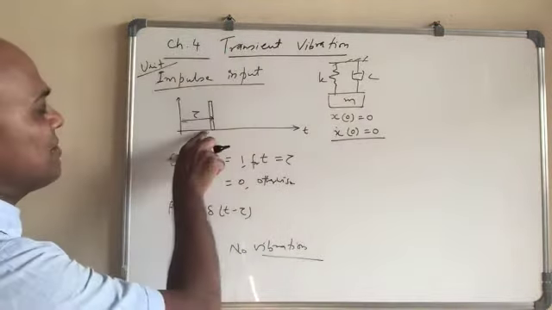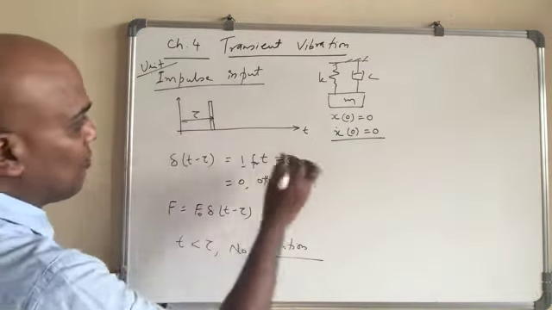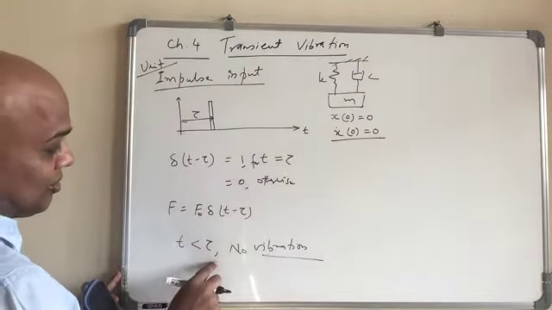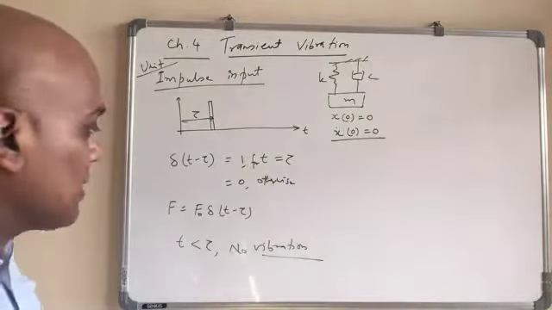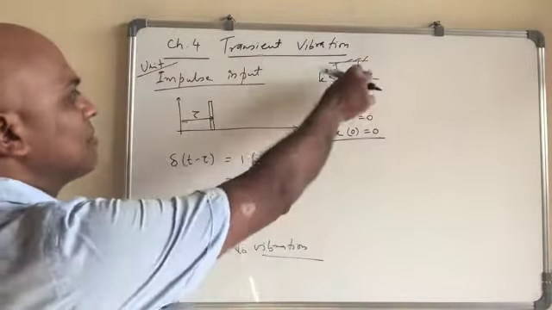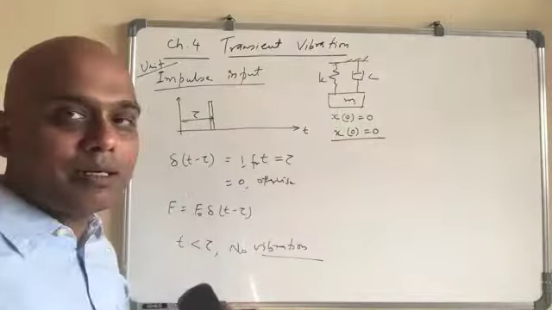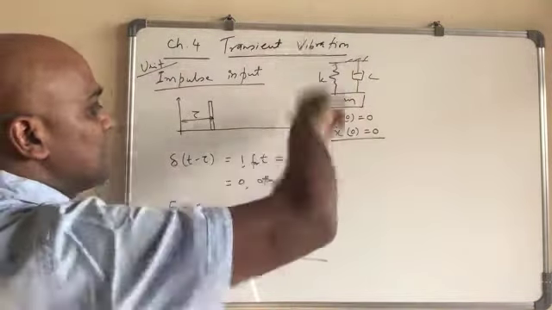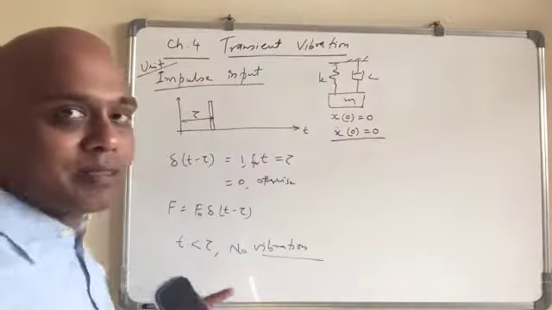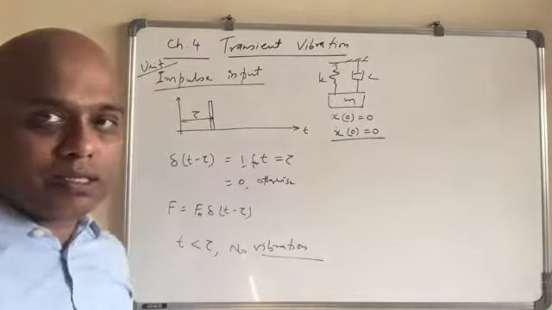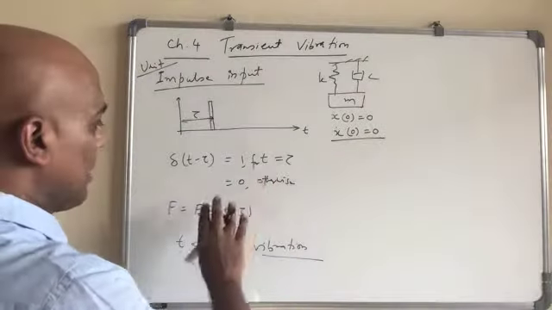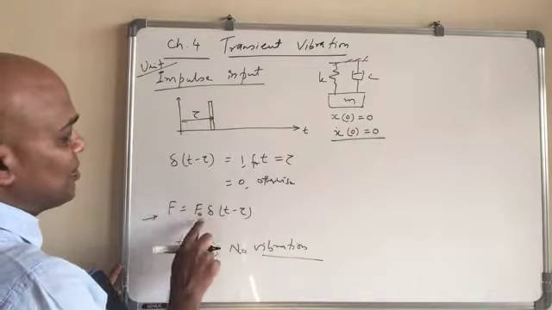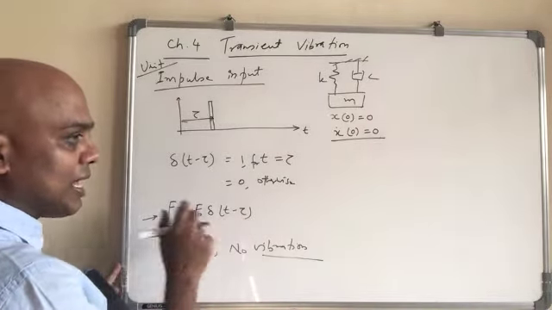So for t less than tau, there is no vibration. There is no force applied, it is just hanging out there. Then suddenly at t equal to tau, an impulse is applied, force applied and released. The force is F equal to F naught delta t minus tau.